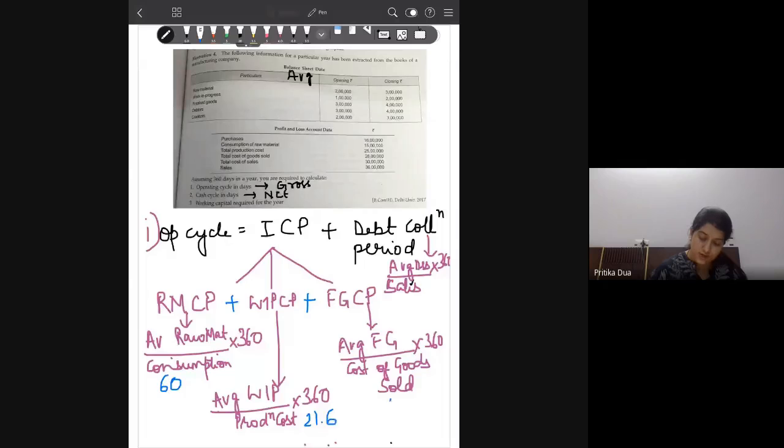The rest of you also check. And the debtors collection period. So average of debtors divided by your total sales, as entire sales and purchases are assumed to be on credit basis. So debtor collection period is coming to 35 days. Let's see what is the sum total.